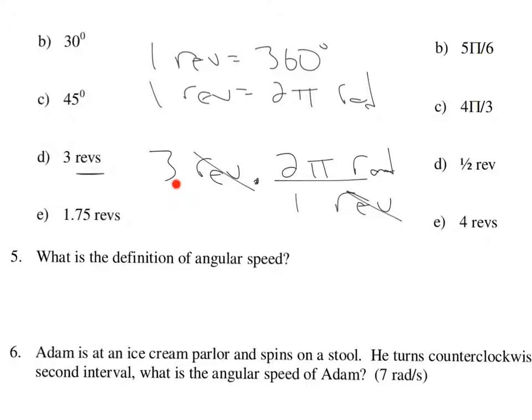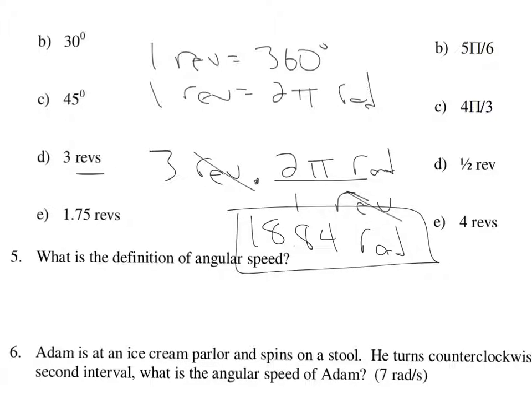So now I do 3 times 2 times pi, and I get my answer of 18.84 radians. So that's my answer to 3D. We'll go over the rest in class, but hopefully that will get you started if you're stuck on how to do these.